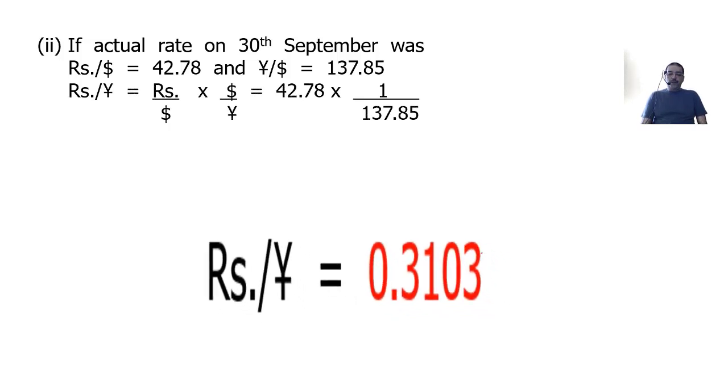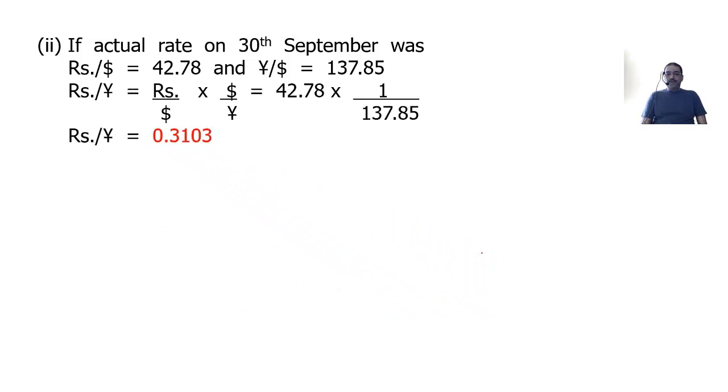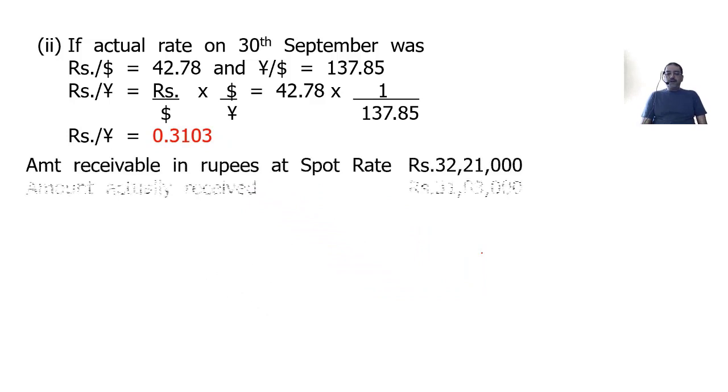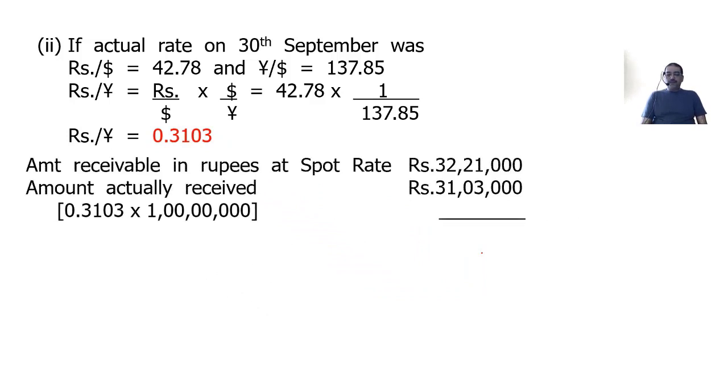So that would have been 0.3103. At the spot rate, I would have received 32,21,000. But now I will be receiving only 31,03,000. So I suffer a loss of 1,18,000.